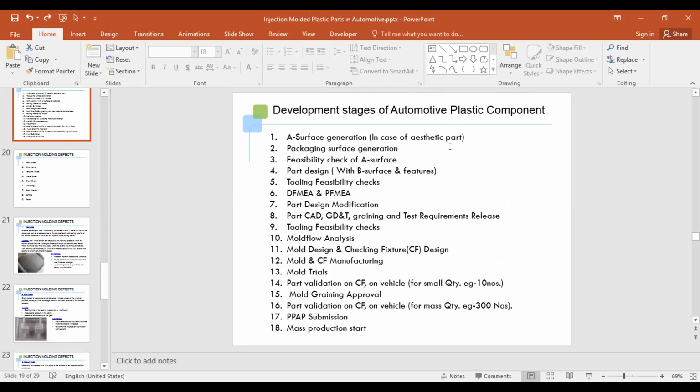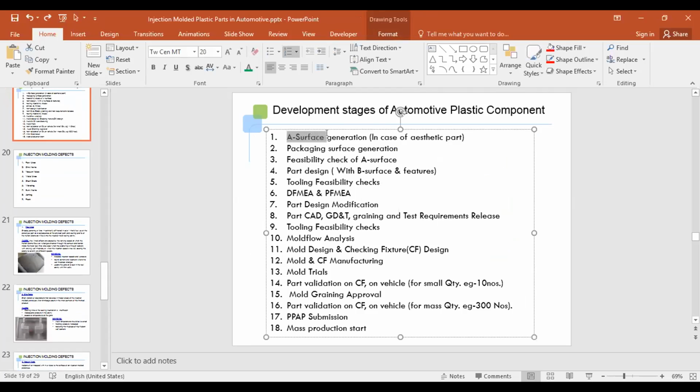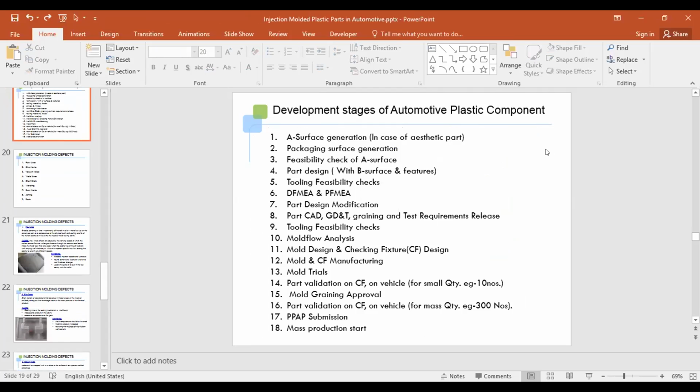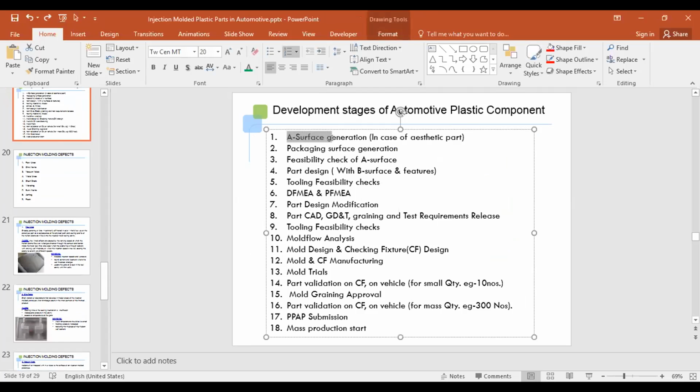These are development stages of an automotive plastic component. During development of one plastic part, these are the stages. First of all, the OEM will generate the A surface, whether this is an aesthetic or non-aesthetic part. So we are using here the A surface generation for an aesthetic part. Then packaging surface generation.